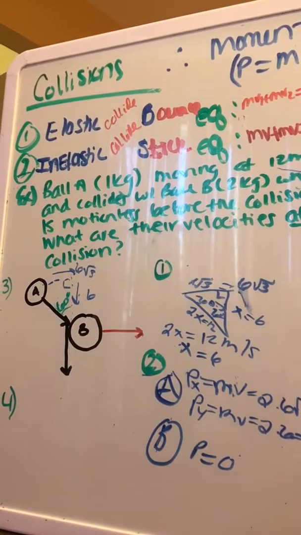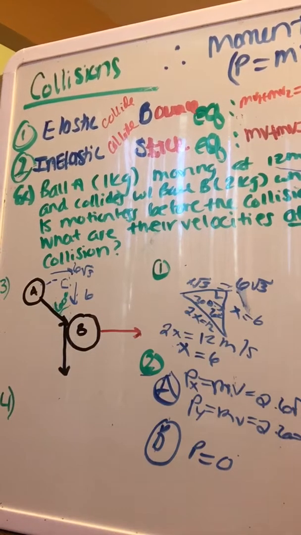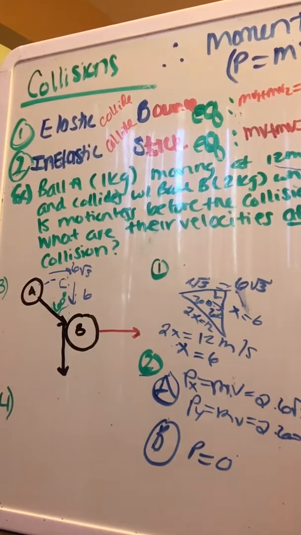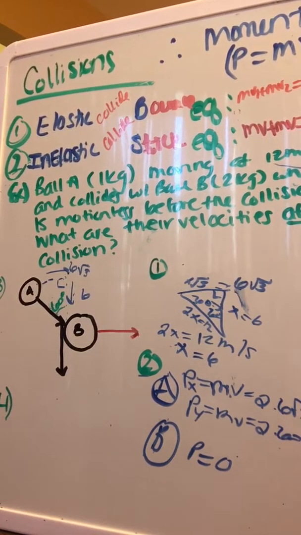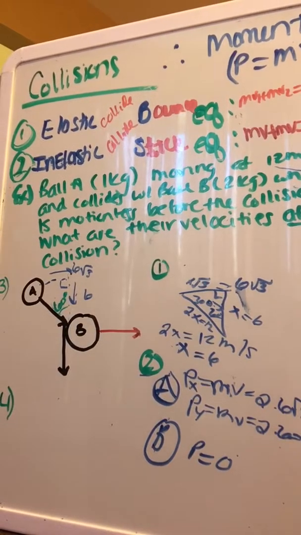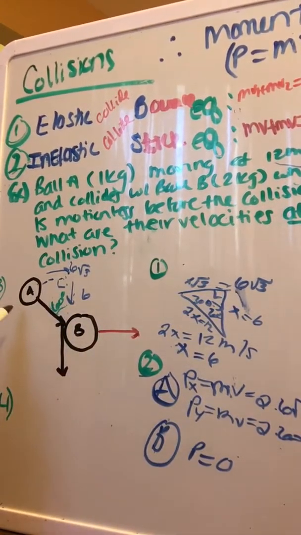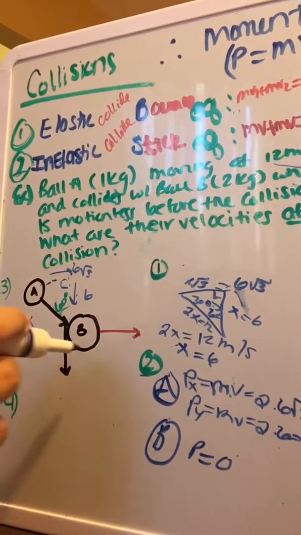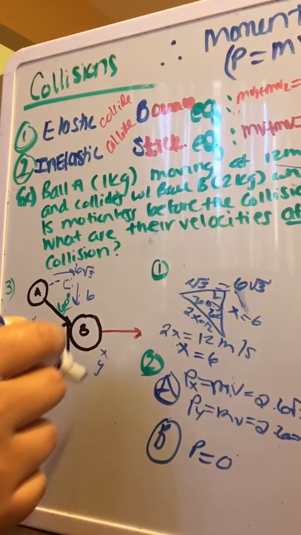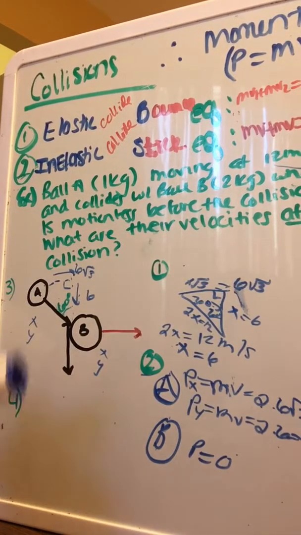What we need to do is assess the directions that the balls move in the diagram to see where the momentum goes after the collision. So let's split this up into x and y so we can get an idea of where this momentum is going.